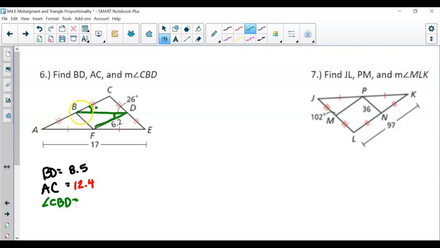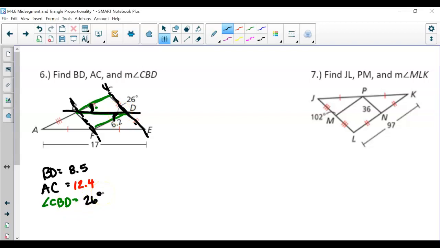Keep in mind that the two sides that enclose it are parallel. Here we've got our transversal and our parallel lines. What is the relationship between these two angles? They are alternate interior. So if this angle was 26 degrees, then the measure of angle CBD is 26 degrees.